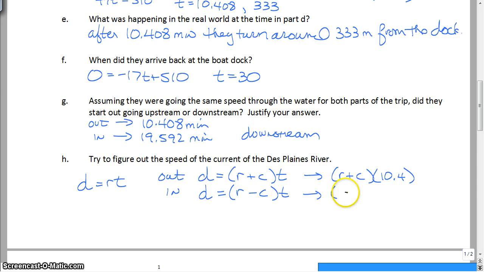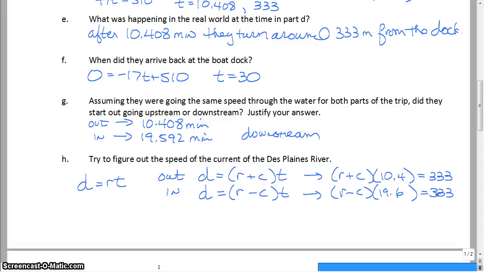And on our way back in, we're going to be rowing against the current, and that took us approximately 19.6. And we're just going to solve those two equations because they are both equal to the distance of 333.